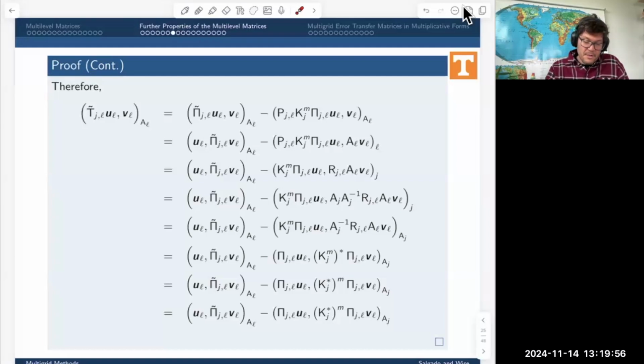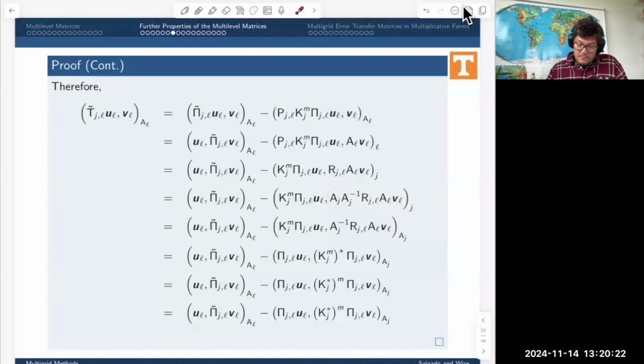Oh no. Okay. So I see. This is simpler than what I was making it. I'm just going to pull this out to change the Euclidean inner product to an energy inner product. I was thinking there was some sort of identity that I was using, but it's much simpler than that. We're just pulling this guy out and creating an energy inner product.